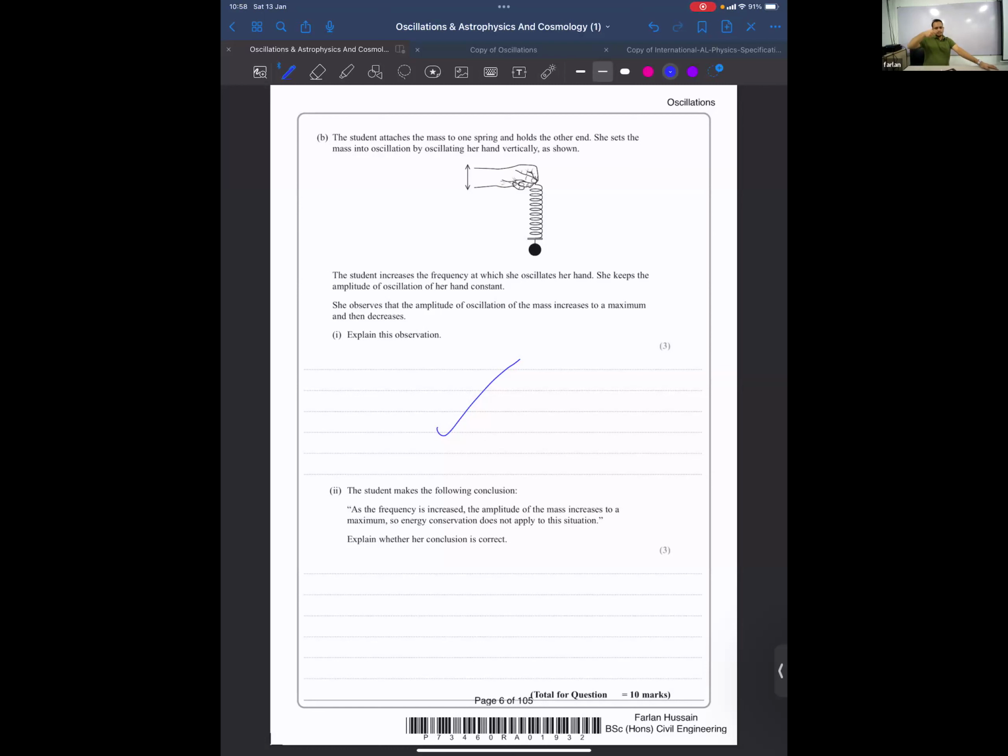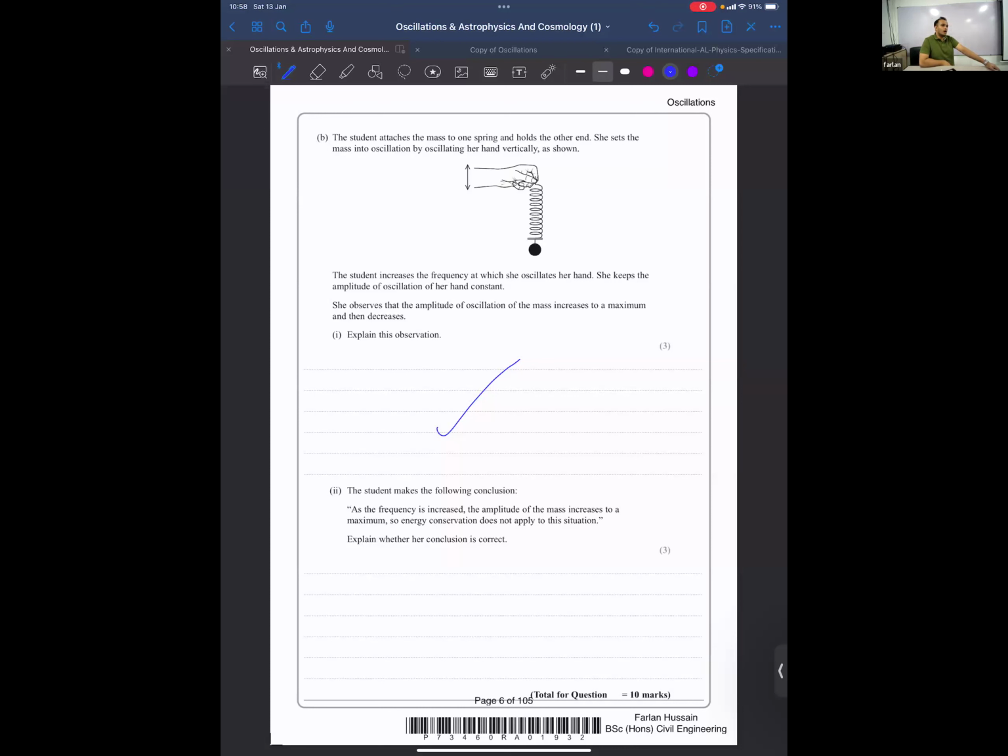Now when you increase the frequency, the energy supplied by the student is still the same, because the amplitude is the same. But the energy taken by the mass and the spring is increasing, its amplitude is increasing.